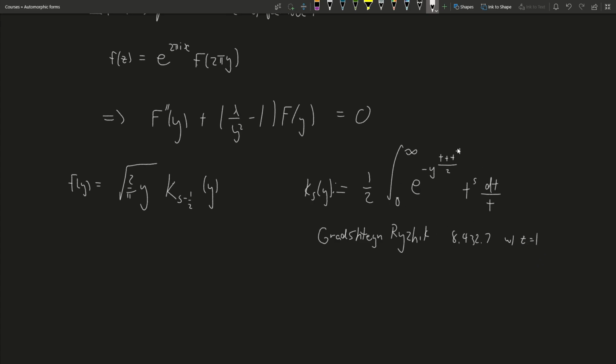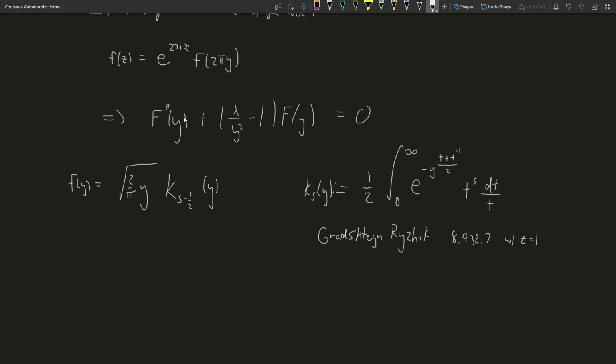And this is the definition I think I see most often in this field. So it's some integral. It's kind of like the gamma function in that it's some Mellin transform, but it's a little bit trickier than that. And in principle, you can work with this just by working with the definition, and you can figure some stuff out. But in practice, you probably just look it up in some table of integrals, like Gradstein and Ryzhik.